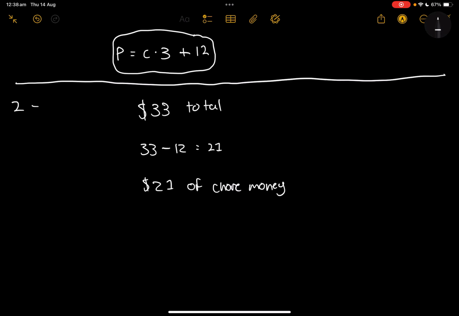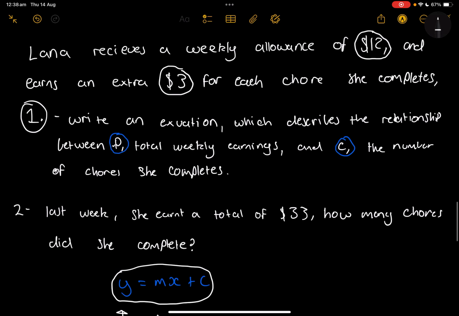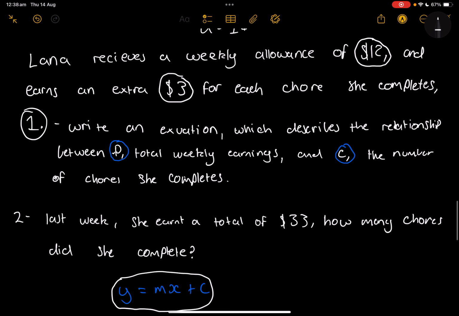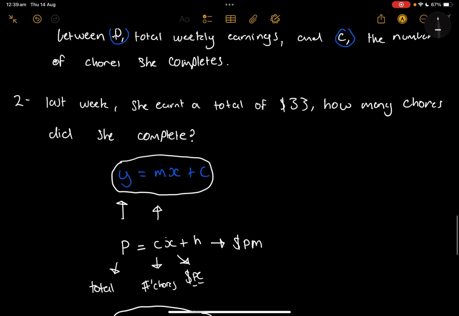Now, if you can figure out how to figure out the amount of chores, be my guest. I'll go up here just to show you the full question again, and I'll give you 5 seconds to try and figure it out. If you said to divide that by $3 because of this bit here, then you're correct.